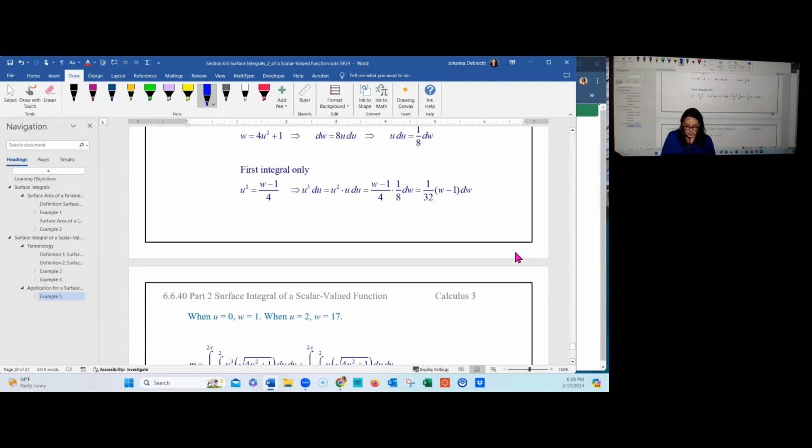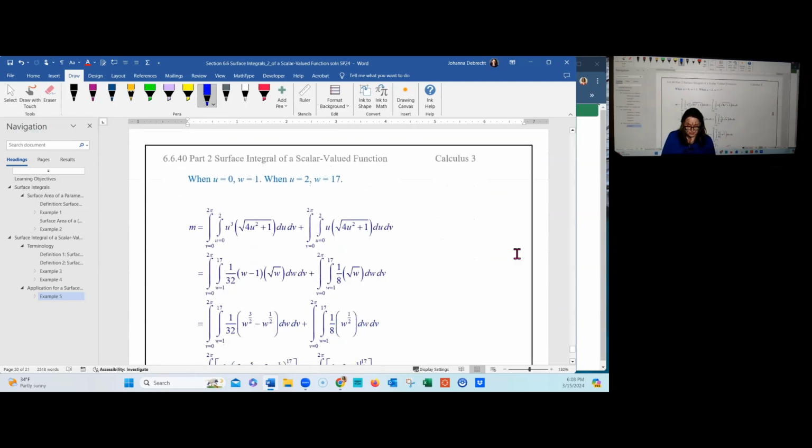We also need to change the limits of integration from u values into w values. When u is 0, w equals 1, and when u is 2, w equals 17. We can then replace what we had before with our w substitution, which for the first integral gives me 1/32 (w minus 1) times the square root of w.